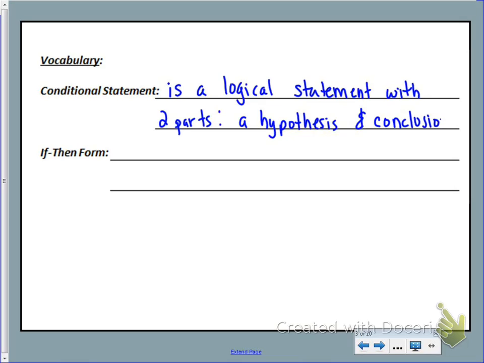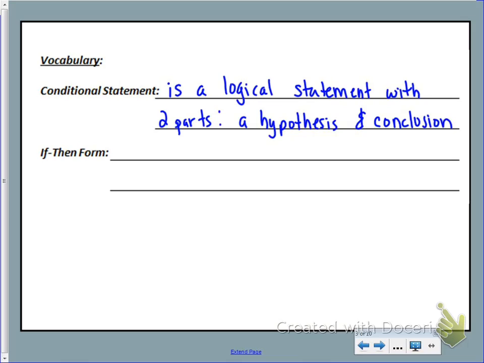So essentially our hypothesis is just like what we think of in science. It's what we predict will happen, and then our conclusion is what outcome actually occurs as a result of that statement. So when we write conditional statements in geometry, we're going to write them in what's called if-then form.